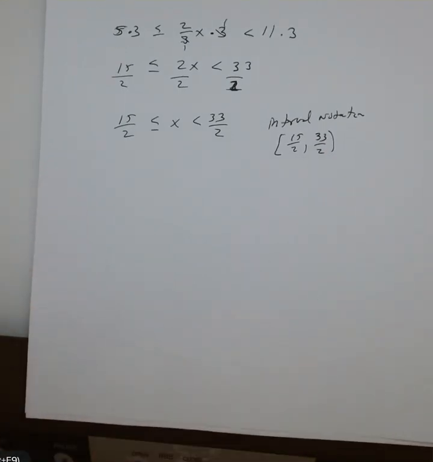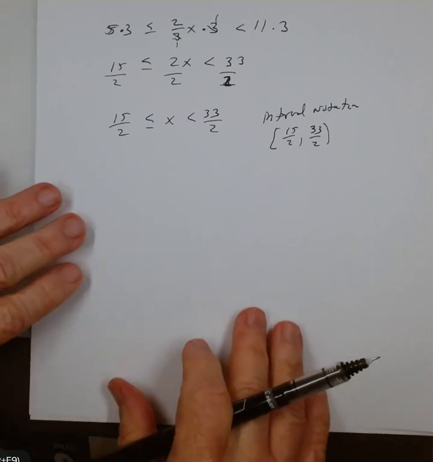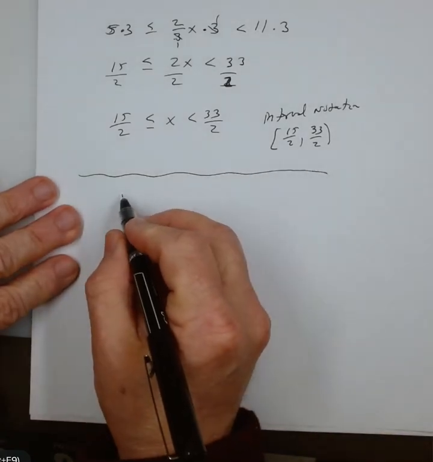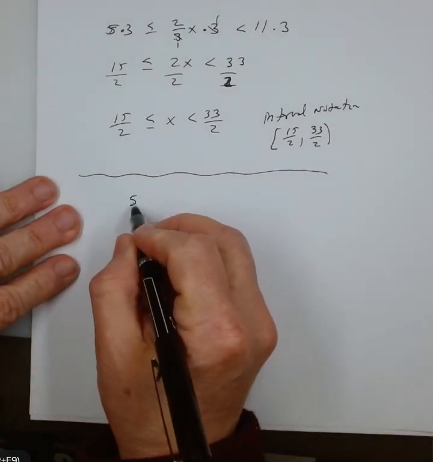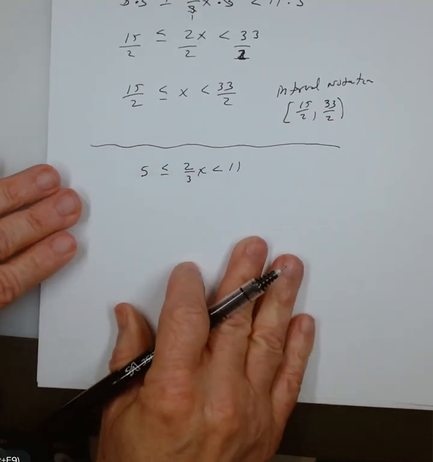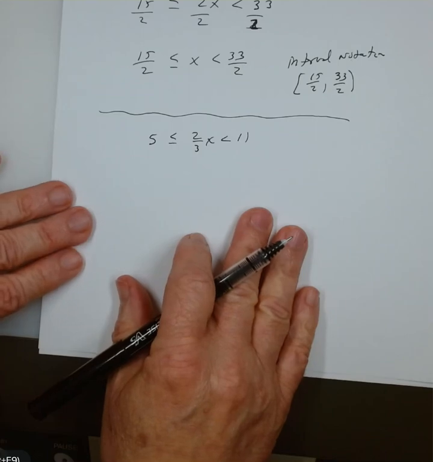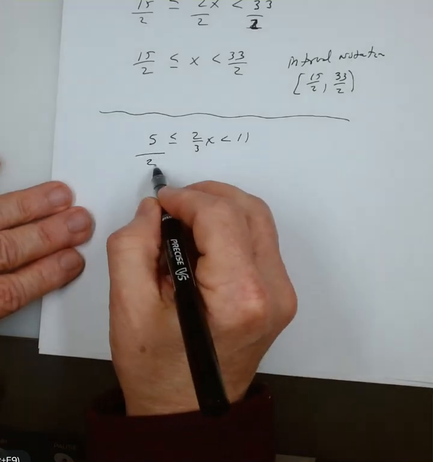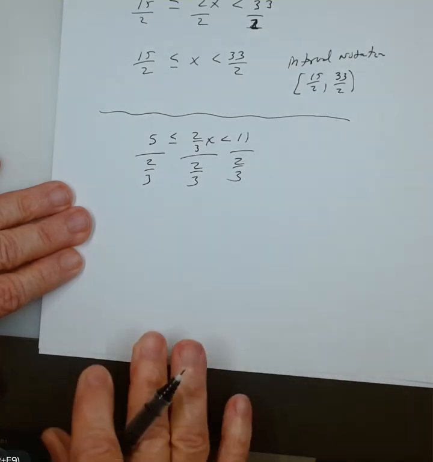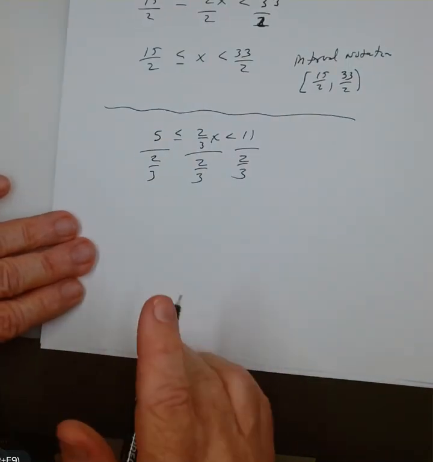All right. Now, a while ago, some of you said divide by 2/3, and you have to be careful when you're dealing with fractions. Okay, well that's fine. Divide by 2/3. Then you have to think about this.